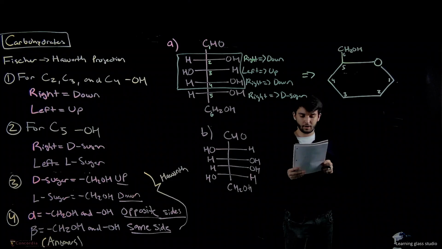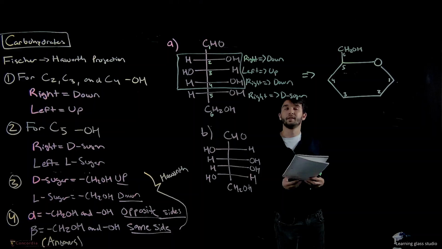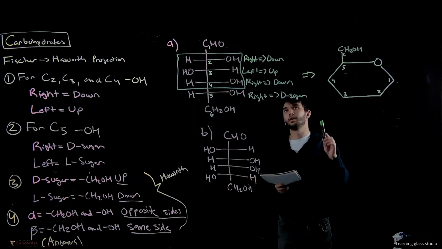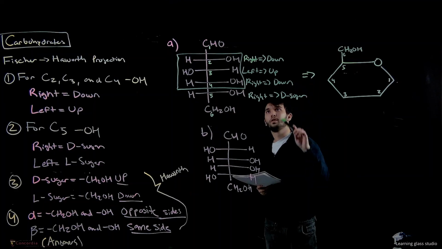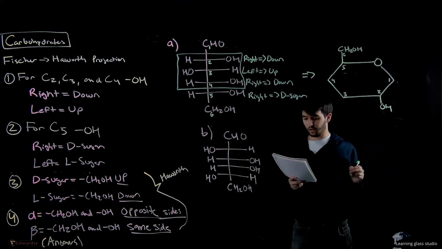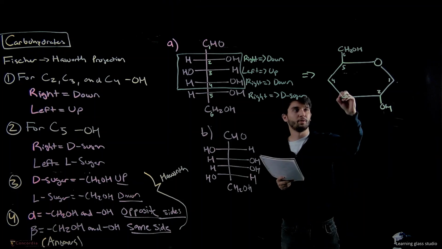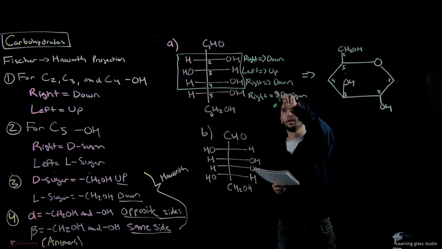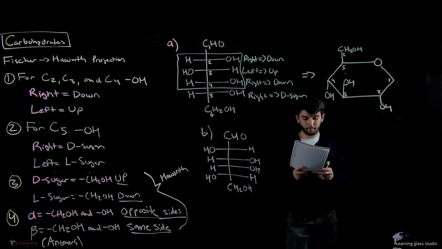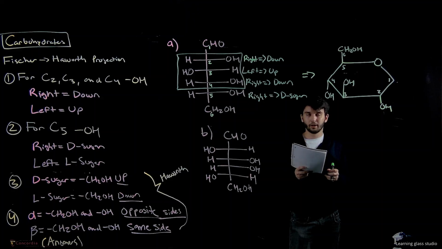Now we have to look at carbon 2, carbon 3, carbon 4. We know that on carbon 2, the OH will be going down. So we draw like this. On carbon 3, the OH will be going up. And on carbon 4, it will be going down. Now we just have to look at carbon 1.